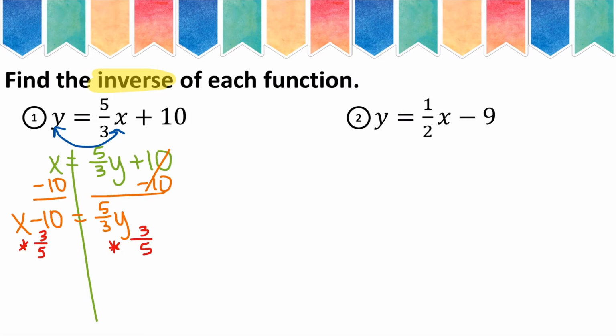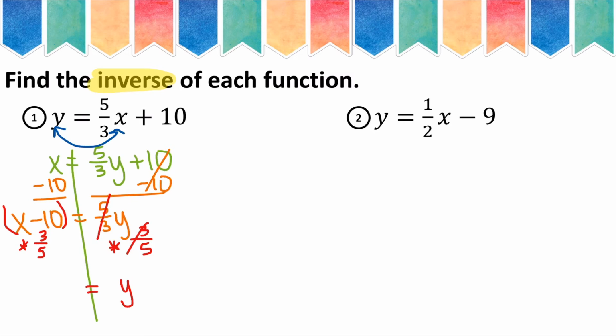And when I multiply on both sides, I need to put parentheses because I have x minus 10. So on the right-hand side, the 5/3 and the 3/5 will cancel, and y is by itself. On the left-hand side, I need to think about the distributive property.